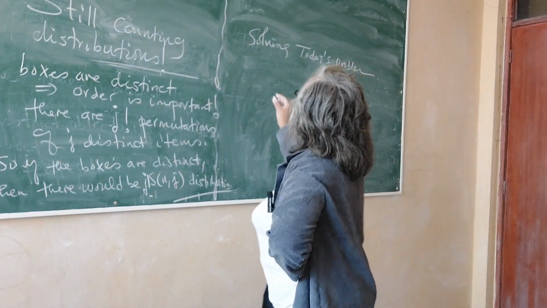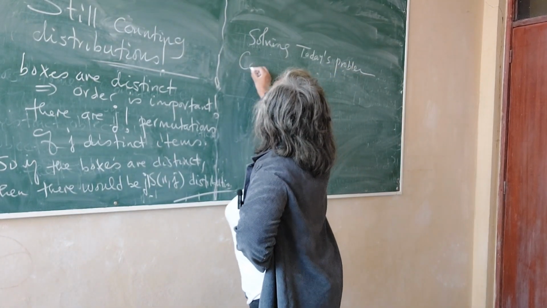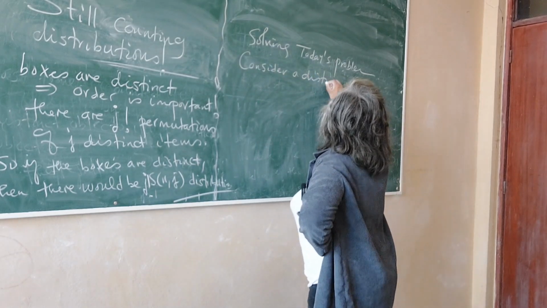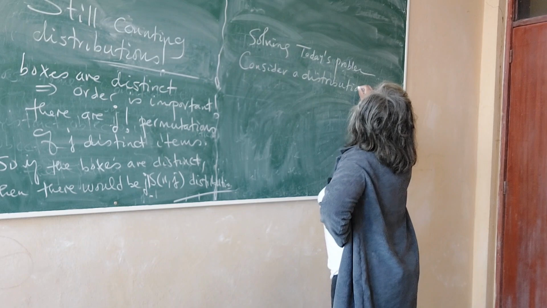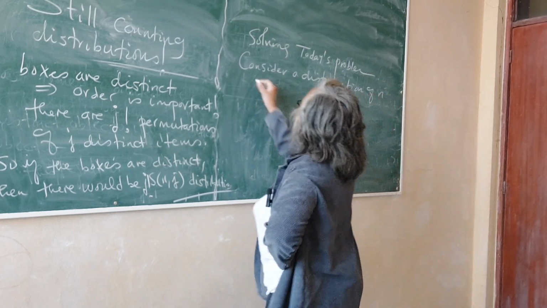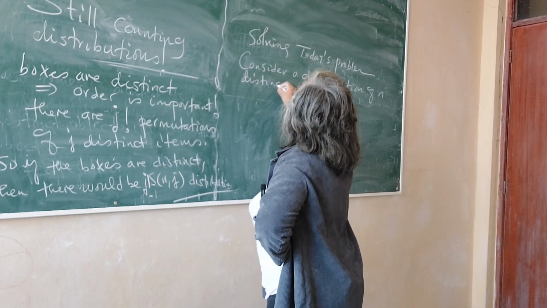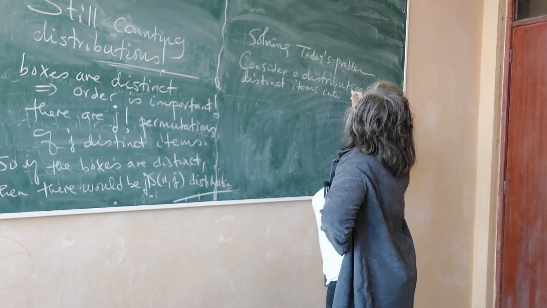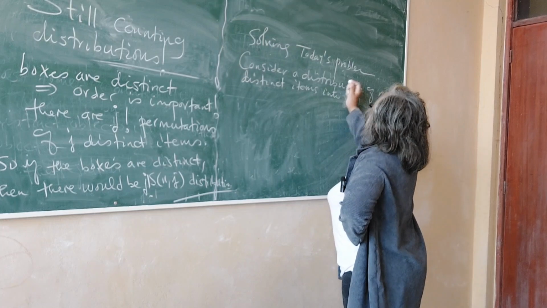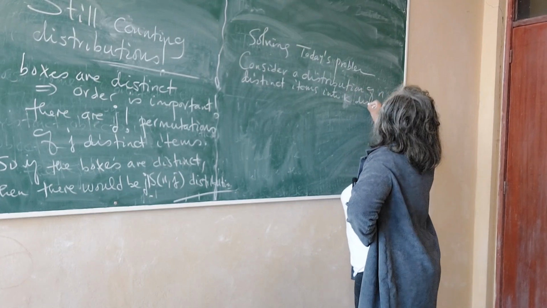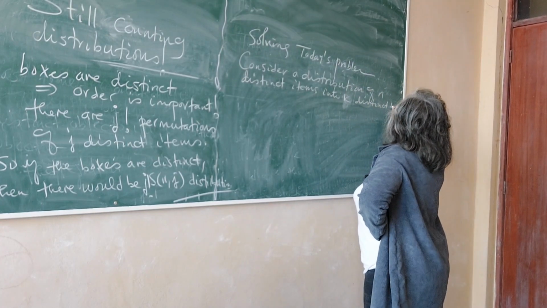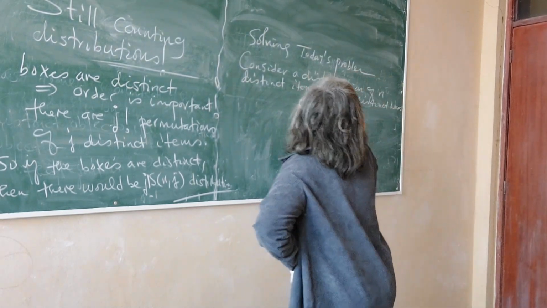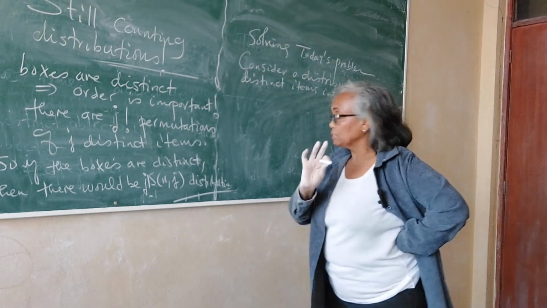Now consider a distribution of n distinct items into k distinct boxes. Boxes are distinct.